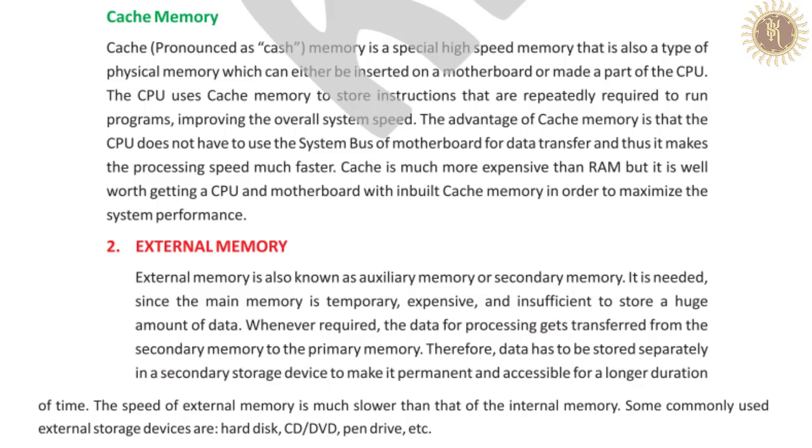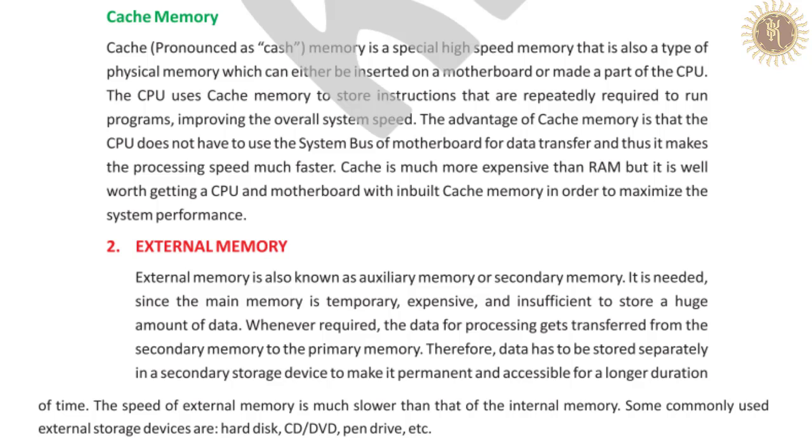2. External memory. External memory is also referred to as auxiliary memory or secondary memory. It is needed because the primary memory is brief, expensive, and inadequate to store a large amount of data. Whenever required, the data for processing gets transferred from the secondary memory to the primary memory.